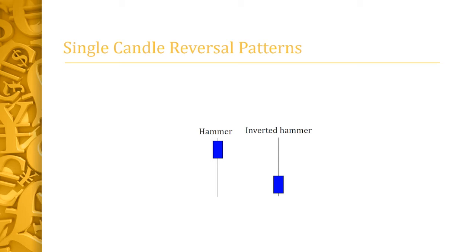A hammer must come after a decline, and when the hammer is called a hanging man, it must come after a rally. Extent of the move before the candle: a hammer is valid even if it comes after a short-term decline.